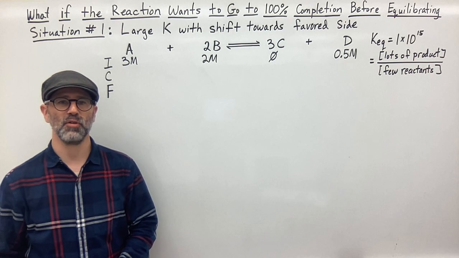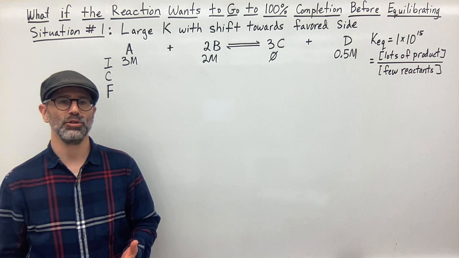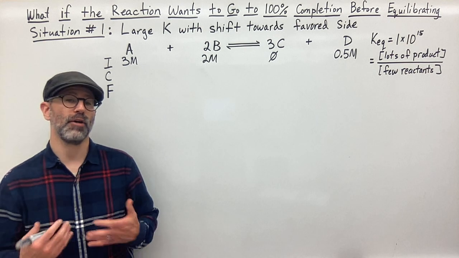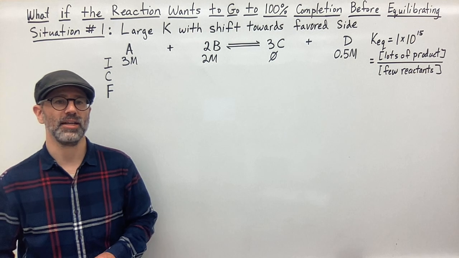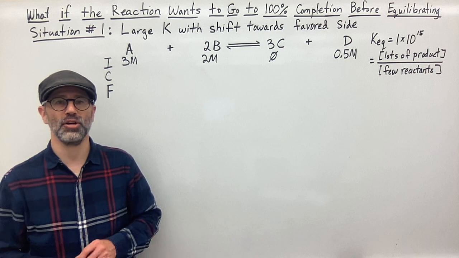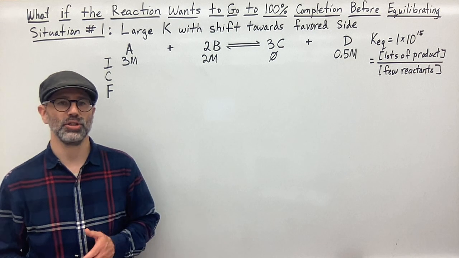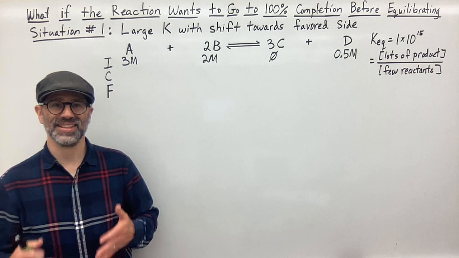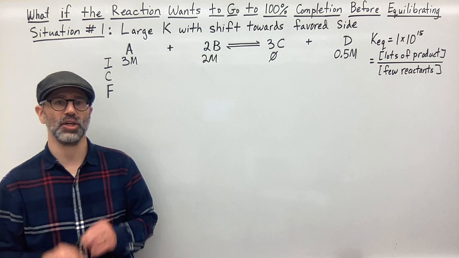My name is Mr. Kovalt, and in this video I'm going to be going over how to understand and use your K value when you have a very large K value with a shift towards the favored side. In my previous videos I was talking about different scenarios in which K is small or K is large or K is close to Q, in which you could assume that X is going to be negligible as far as the change or the shift goes.